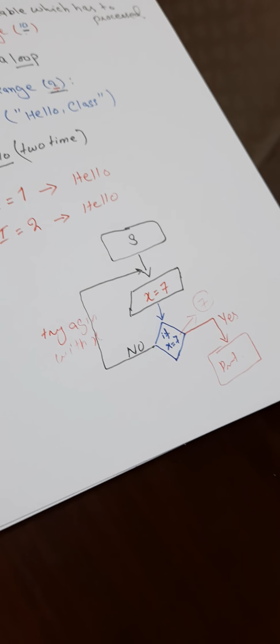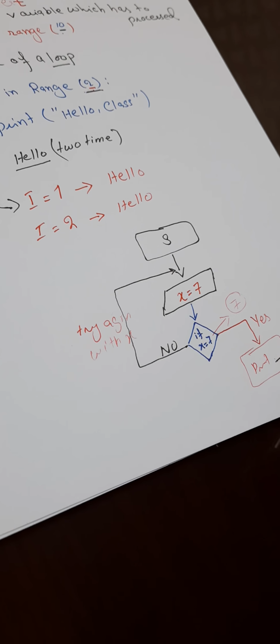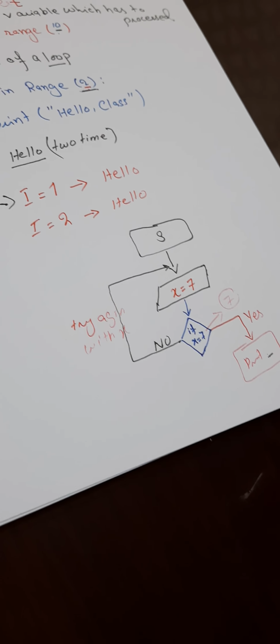So it never ends until it gets the condition 7. Whenever x approaches 7 and it gets it, it prints something and our loop ends.